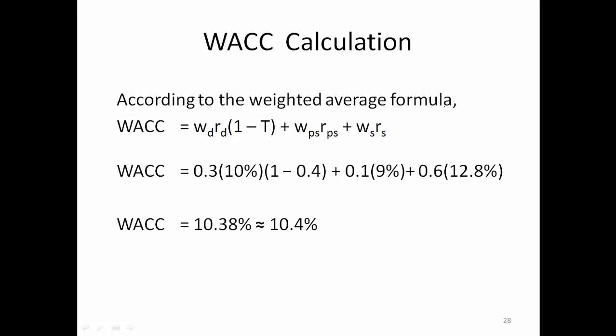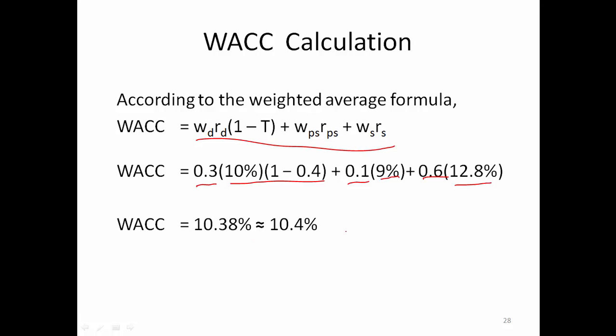According to the weighted average cost of capital formula, WACC equals to this. So we plug in our estimate of each component into this formula, and 30% is the WD multiplied by 10% multiplied by 1 minus T, so that is 6% after-tax cost of debt, 10% of the capital from preferred stock multiplied by cost of preferred stock, 60% of the capital are from common equity multiplied by cost of common equity, and then we add up these numbers together, we get about 10.38%.